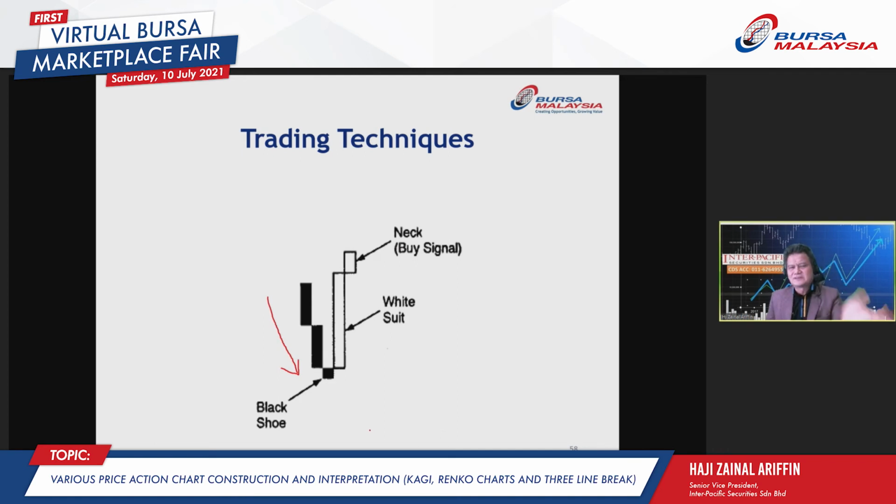The next one is a reversal, because it exceeds more than the 3 previous breaks. Then there is another smaller break formed after the long break. This is why we call it black shoe, white suit, and a neck.